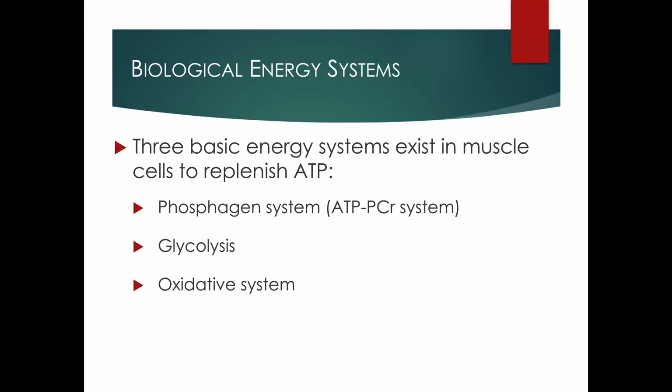So anyways, this is where it gets confusing, and that's why I don't like using the term fast or slow, anaerobic or aerobic glycolysis. Just know phosphagen, the immediate system, and glycolysis take place in the cytoplasm, oxidative takes place in the mitochondria. Big understanding of that. I want you to know that because I want you to start understanding these energy systems at a little bit deeper level.